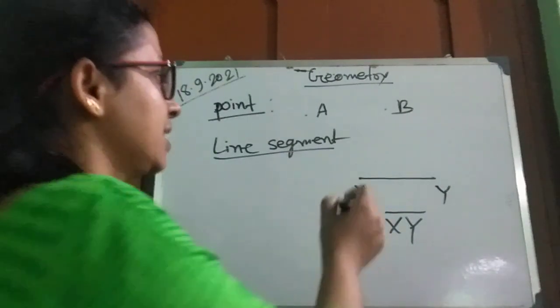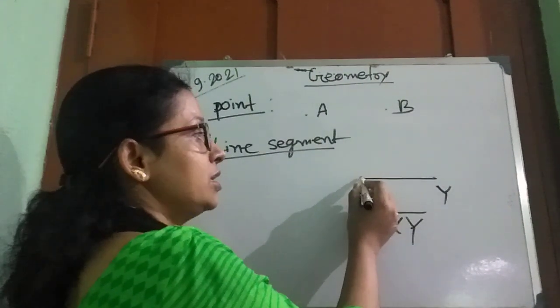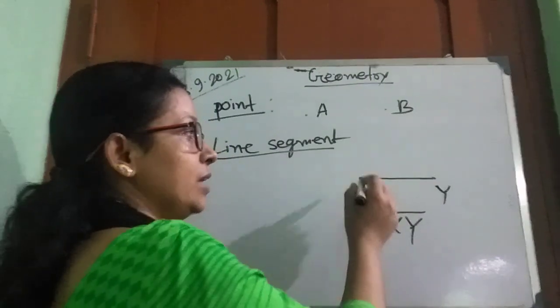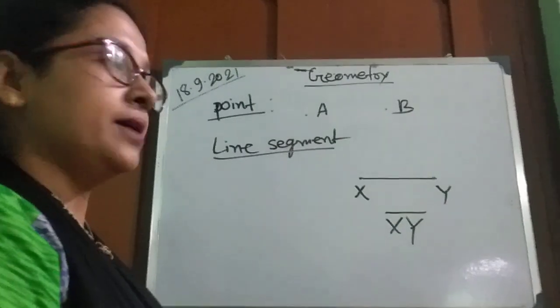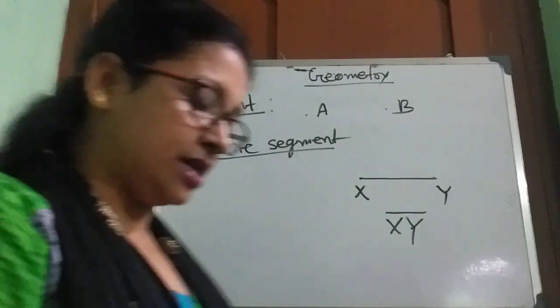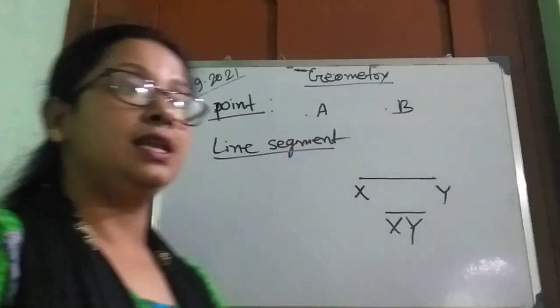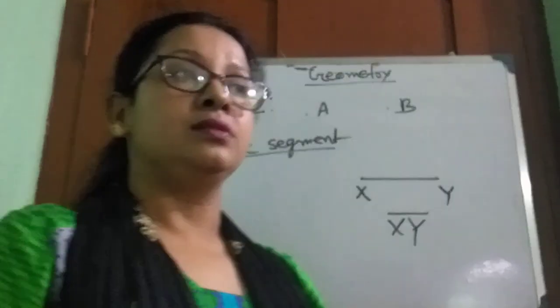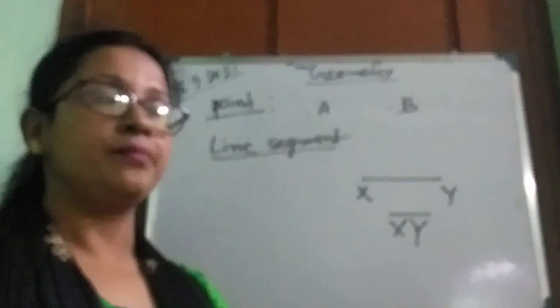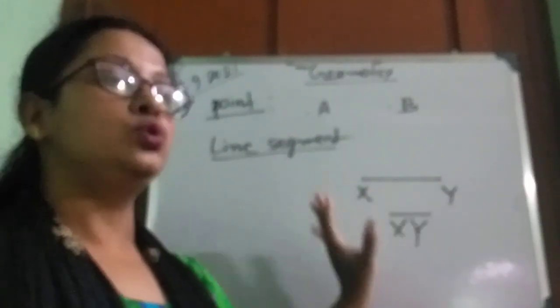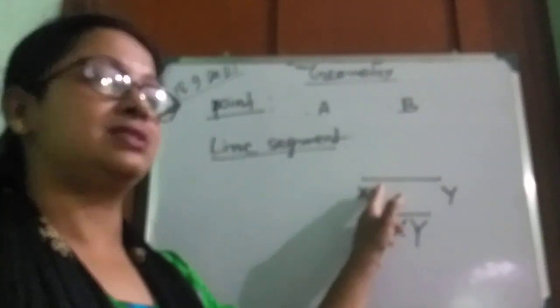So in the line segment we can see it has what? Two endpoints, and we can measure the length of the line segment. Okay, so I think you have understood. So line segment is a straight path which joins any two points. So here xy, two points, they have joined by one straight path.